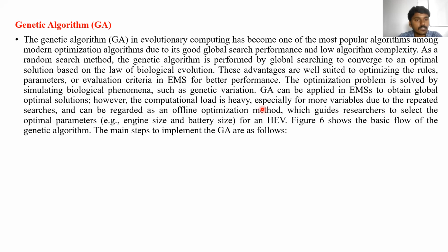Which engine we have to select in a hybrid electric vehicle, which motor we have to select, what will be the battery size, what will be the battery capacity, which battery is suitable for the hybrid electric vehicle, which battery is suitable for the electric vehicles. All these things we can easily identify by using the genetic algorithm technique. Here they have given us some algorithm.